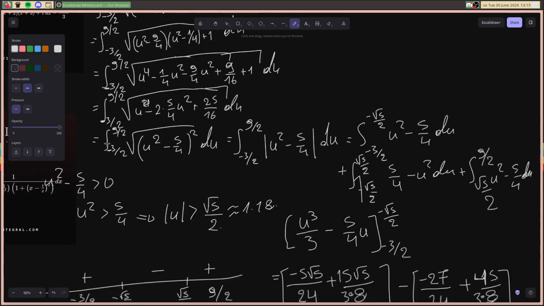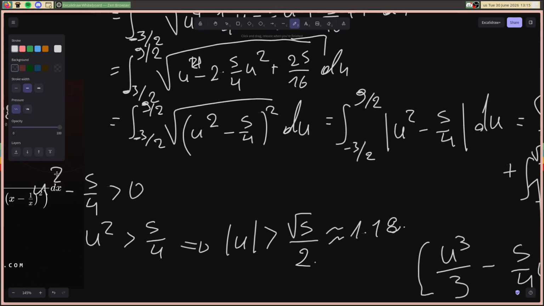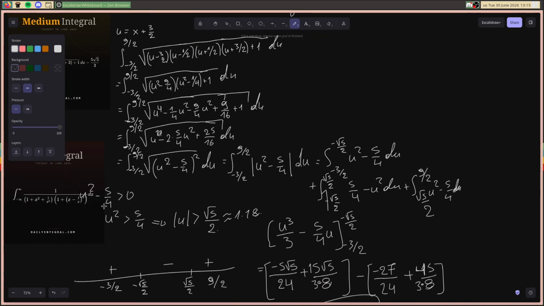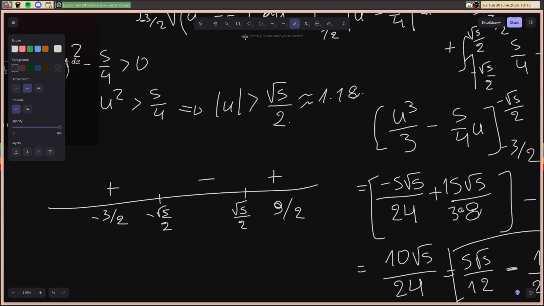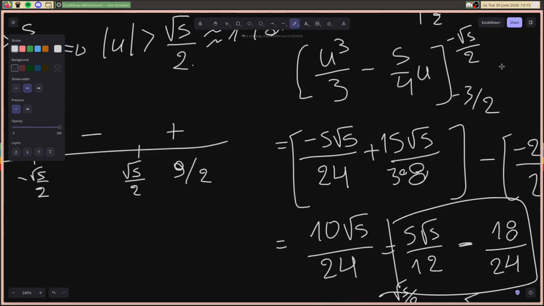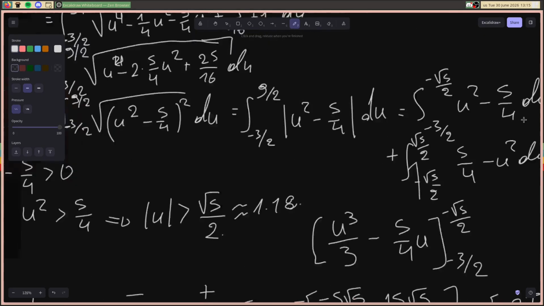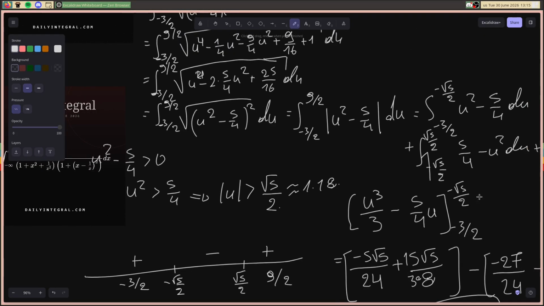If the symmetric part of the domain remains, then we have the problem that this absolute value cannot easily be removed. Specifically, if we see how the function's sign goes, it changes sign at plus or minus square root 5 over 2. So we have to split this integral into 3 integrals over subregions of the initial region.